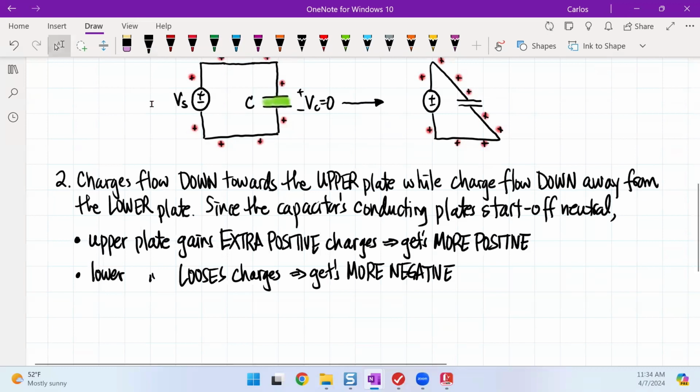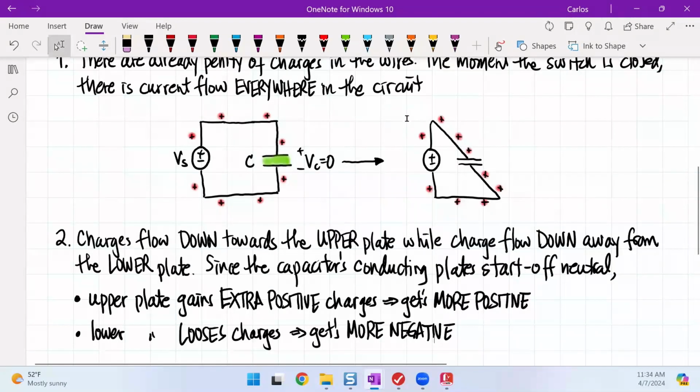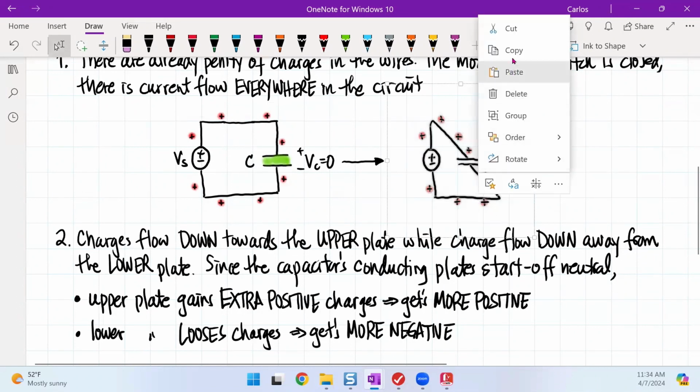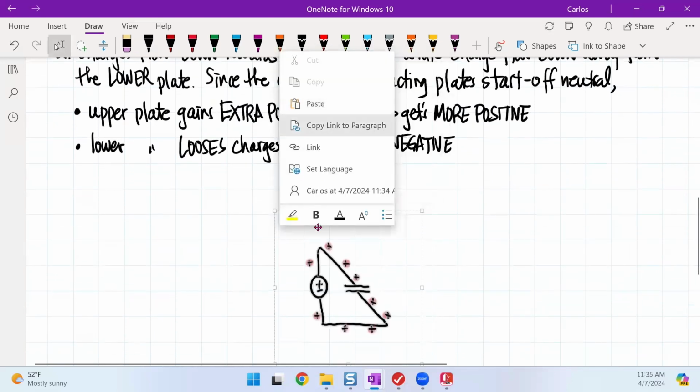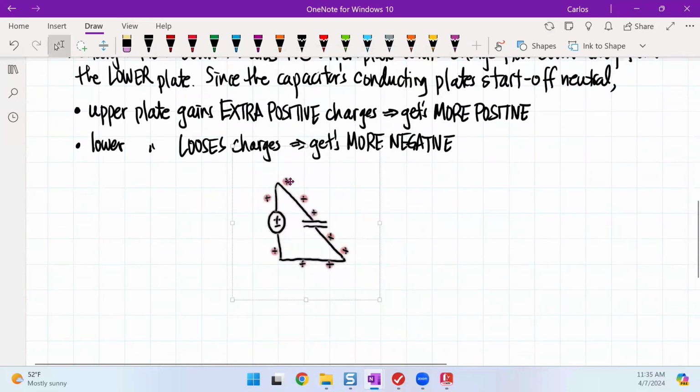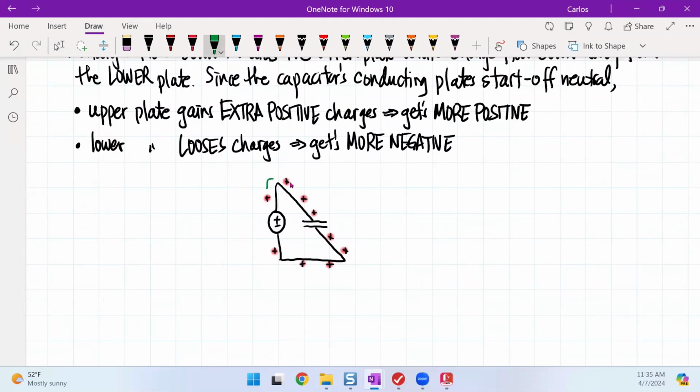So if I take my incline now, I am seeing something like this. I'm seeing that I am getting current flow. And as I get current flow, what happens?